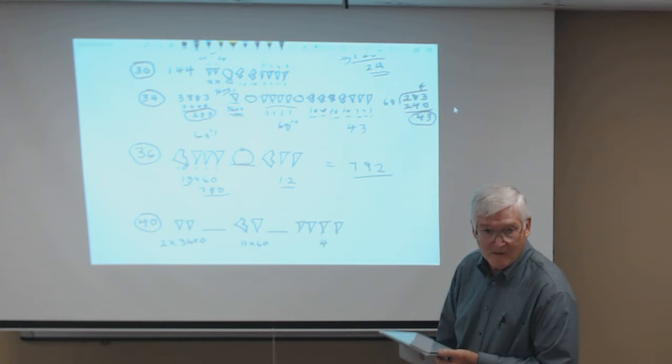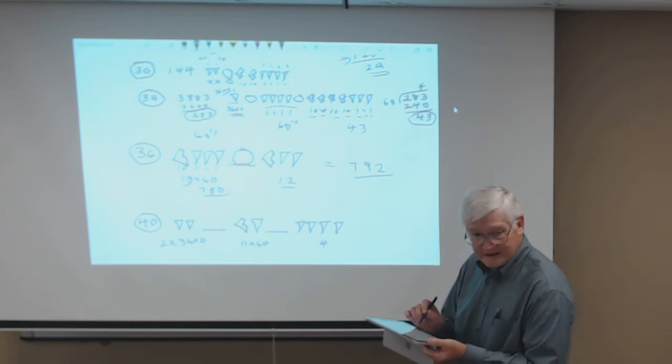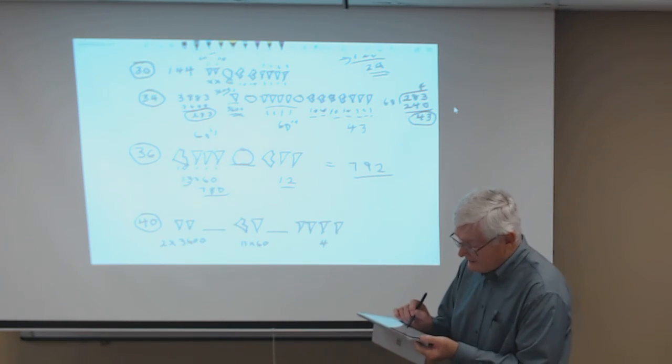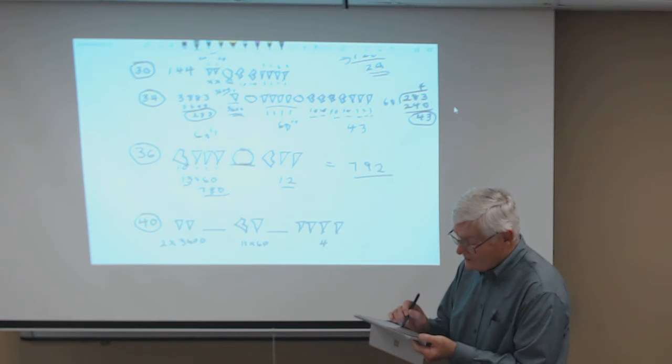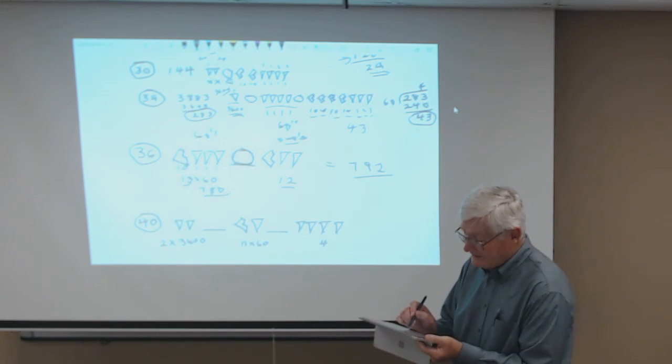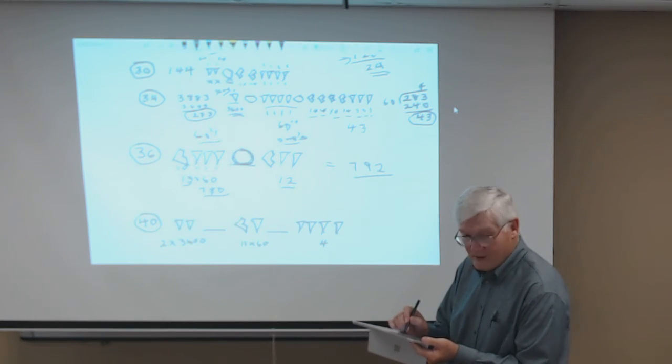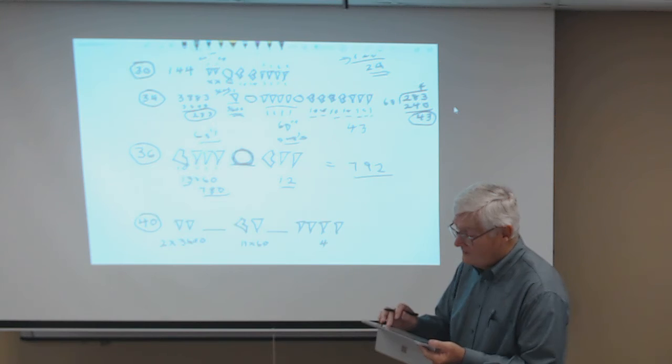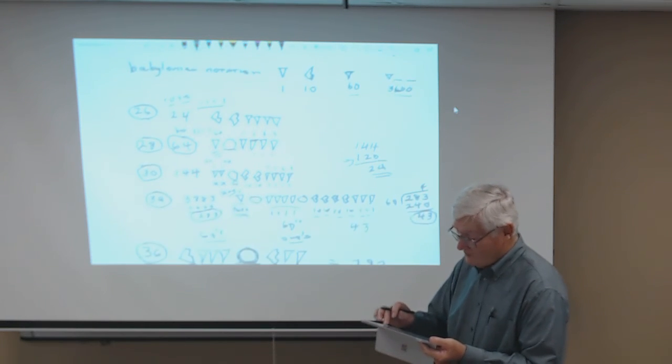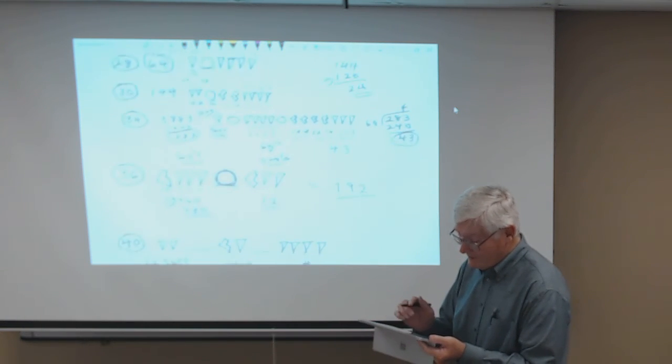Dr. Brian, yes. I'm super lost on where you got the 60 from. Where did I get the 60? See this little empty space here? That little empty space says this is the ones place. This is the 60s place because of that space holder. Where does the 13 come from?